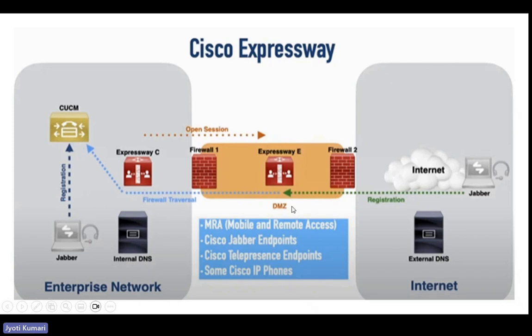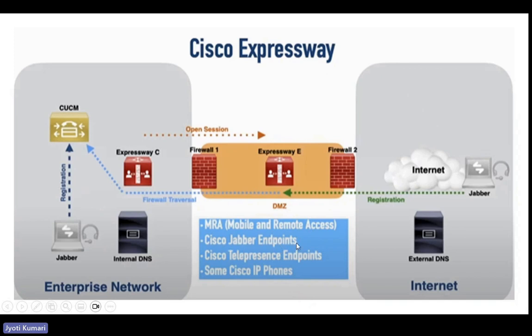So basically, Expressway E performs all these traversal functions. Expressway C then sends it to the targeted resources, for example, CUCM or maybe Unity Connection or IM and Presence and so on. Yeah. So basically, Expressway series devices are used for mobile and remote access. This functionality is called mobile and remote access, performed by both Expressway C and E.